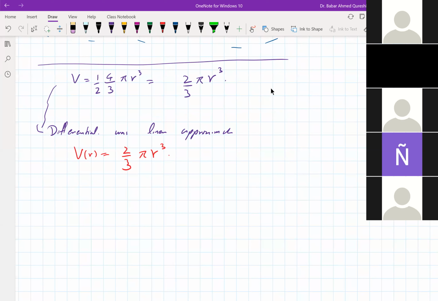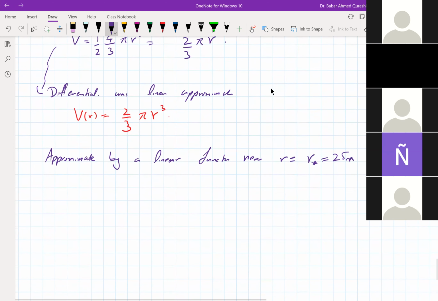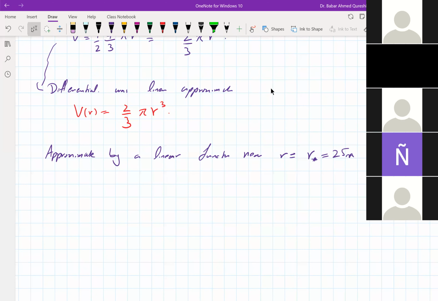So I approximate by a linear function near any point, let's call it R star, which for my case is 25 meters, because I'm just moving a little bit away from this value.